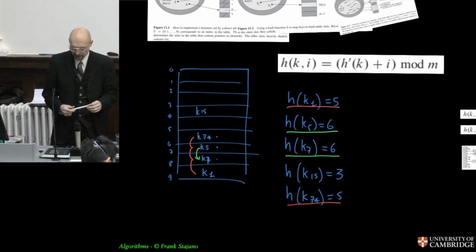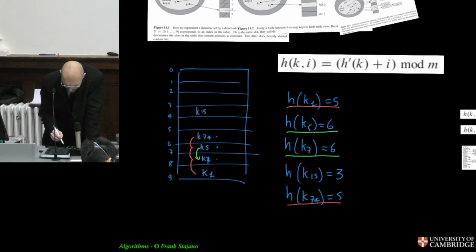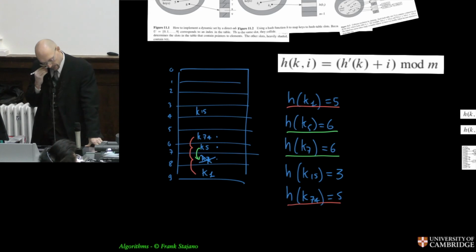And notice another annoyance with this, which is what happens in the case of deletion. What happens in the case of deletion? If I were to delete key 7 from the table, can you see trouble?